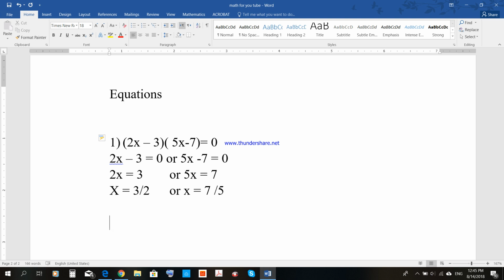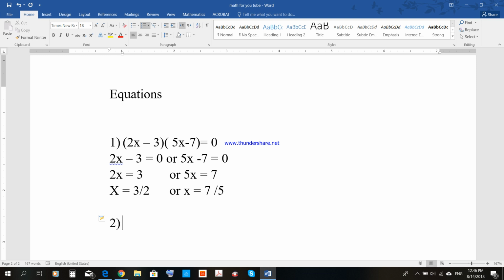When they tell you to factorize, first you must make factorization, and after that you get two parentheses multiplied by each other equal to 0. Then you take the first parenthesis equal to 0 and the second parenthesis equal to 0. We put "or" between them. Now an example about that.